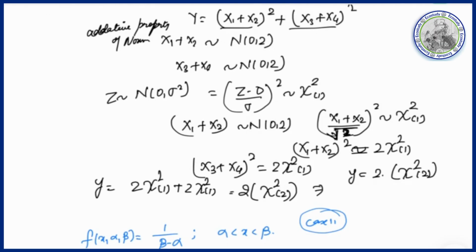The variance of the chi-square with n degrees of freedom is 2n, where n is the degree of freedom. Here it is 2 into 2, that is 4.